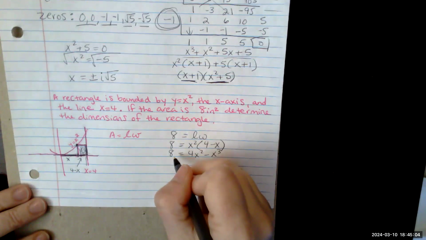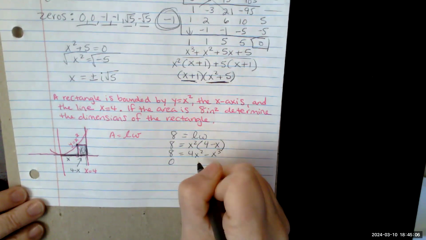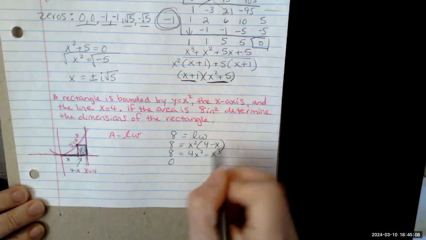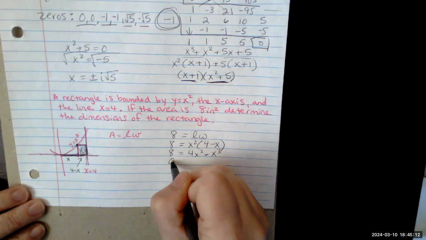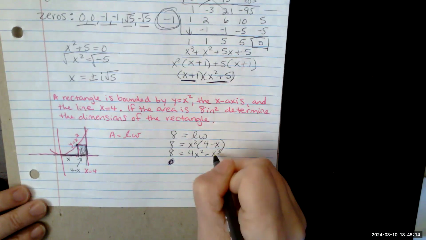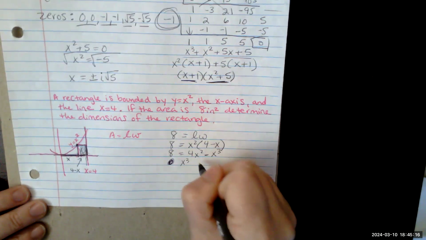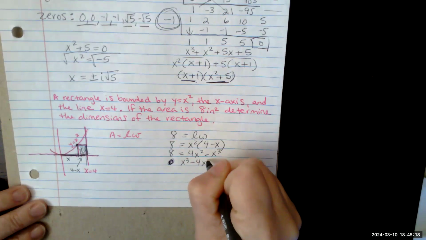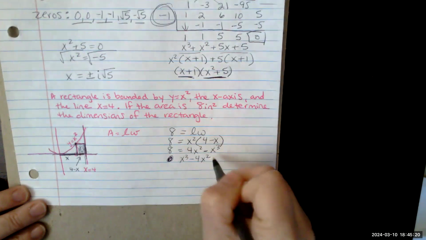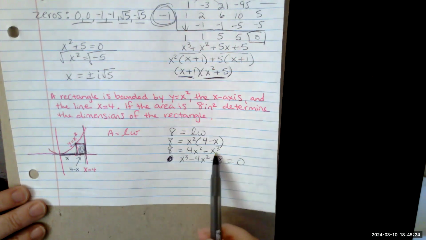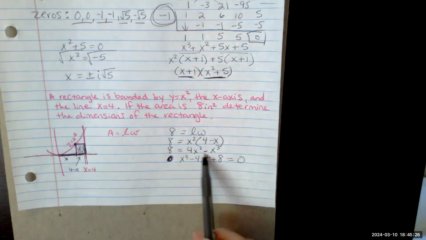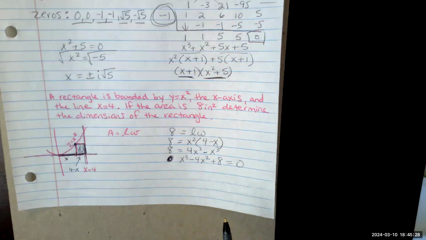So normally what you do in this case is get everything on one side. But since I have a minus x squared, I'm going to actually get it all onto the other side. So I'm going to add the x squared over there, subtract the 4x squared, and then the 8 will just stay positive. Okay, so I just added the x to the third and subtracted the 4x squared.